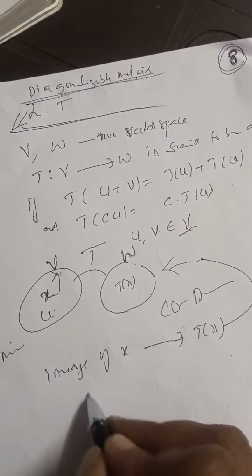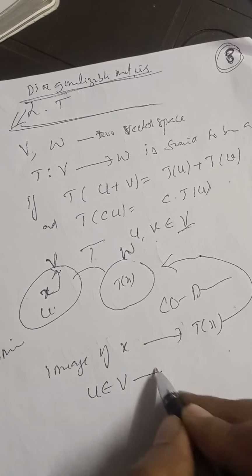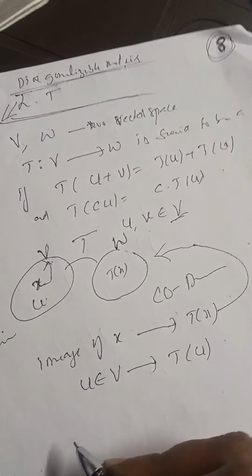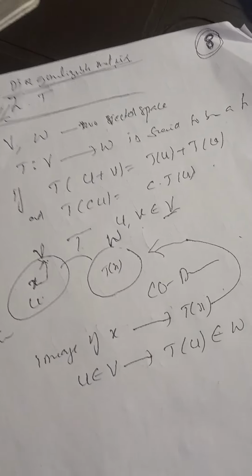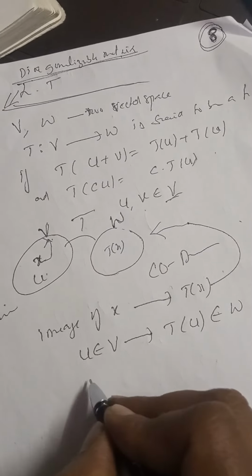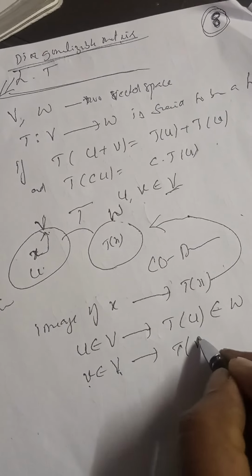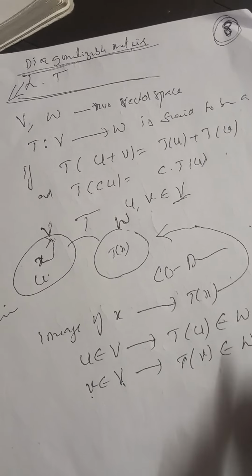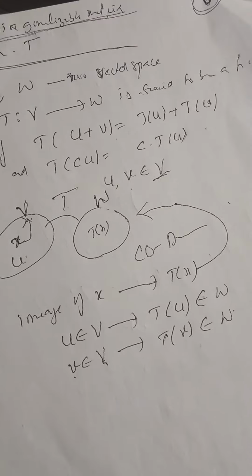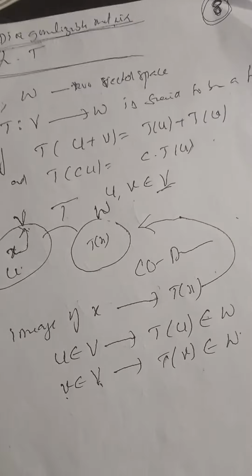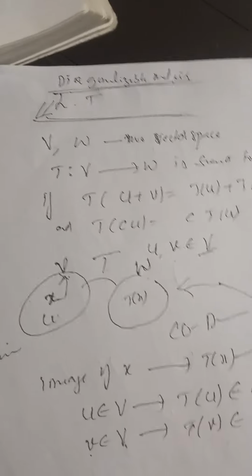If U is an element in V, then its image is T of U. T of U belongs to W. Suppose v belongs to capital V, where capital V is a vector space, then T of v belongs to W, right? Images are in the codomain, here the codomain is W, right?